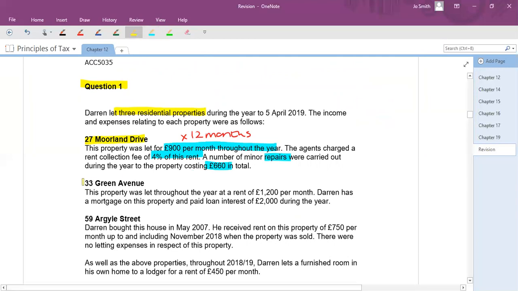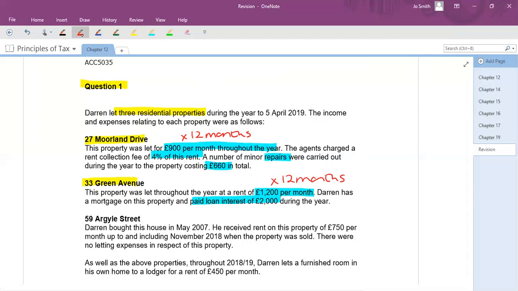For our second property then, we let this also throughout the year, so that's another straightforward one. We just need to multiply it by the 12 months to get our income. And for this one, Darren has got a mortgage on the property and he paid some loan interest.